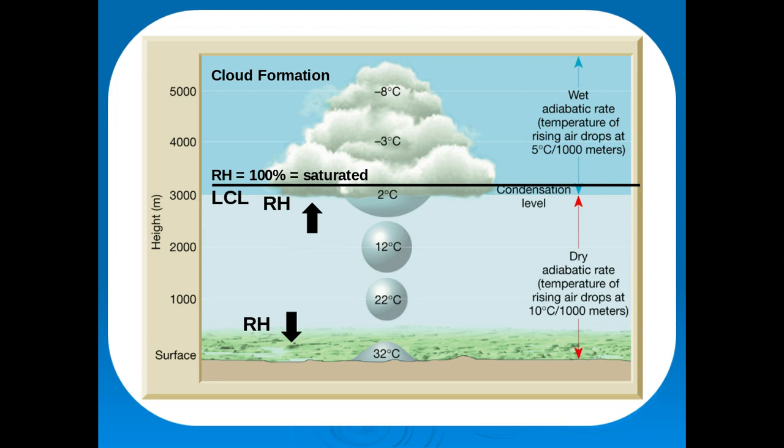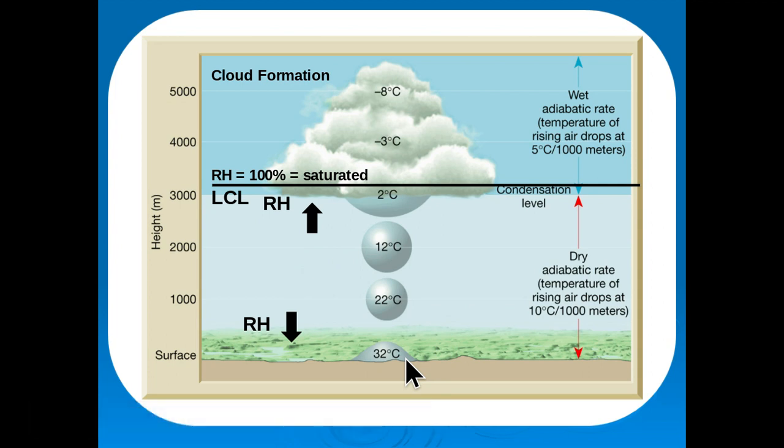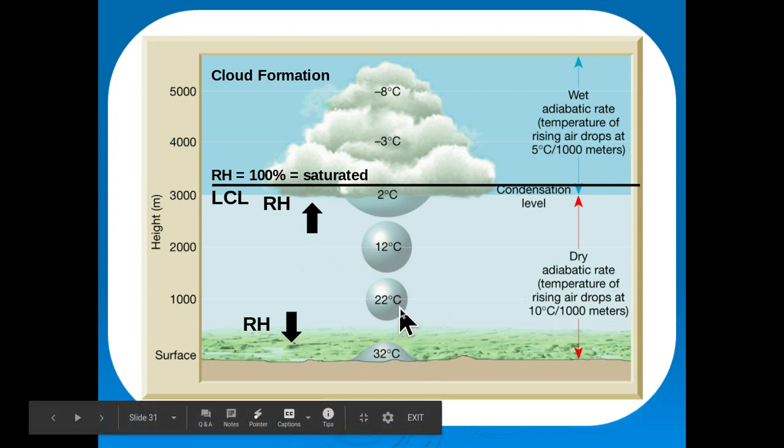And conversely, the warmer the air parcel, the more water vapor it can hold. So it collected a lot of water vapor down here at 32 degrees centigrade, but now as it begins to adiabatically cool and rise, that water vapor it collected at 32 degrees is becoming more condensed and more full.